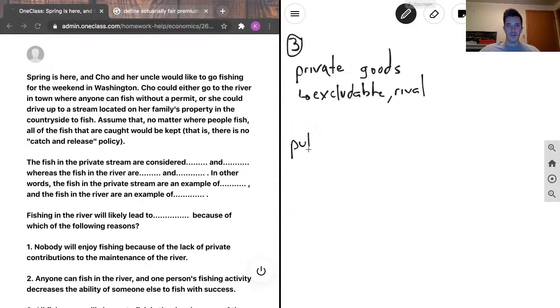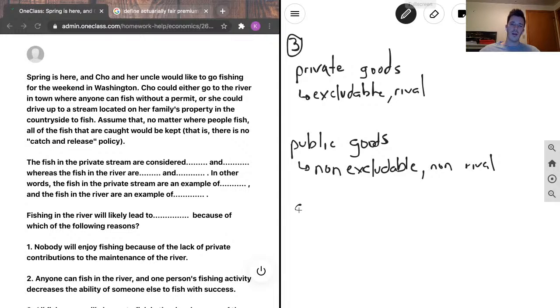Public goods are those that are non-excludable. And I'll explain what these mean in a second if you don't know. Non-excludable and non-rival. And a common resource.